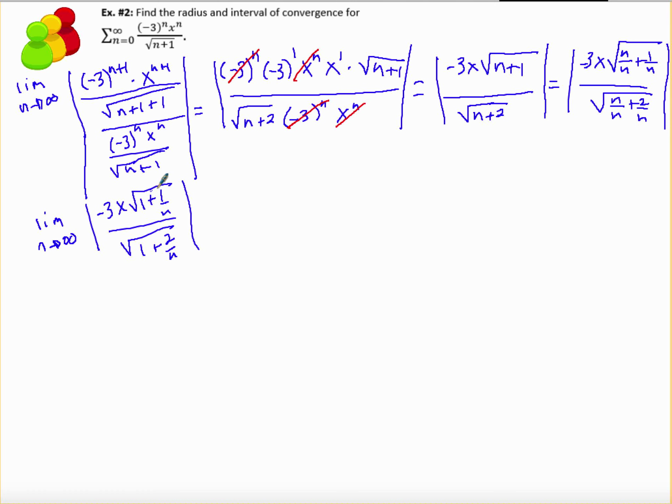Then I'll have the square root of 1 divided by the square root of 1. Please, you know what this is. This is negative 3x. Now, back when we were first doing the ratio test, we would compare it to 1. But now, I don't just have a constant here. I've got a variable x. So this is going to converge if the absolute value of 3x is less than 1.